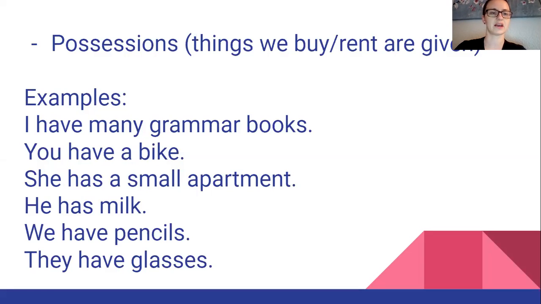So let's read these again. Our examples: I have many grammar books. The second one, you have a bike. The third one, she has a small apartment.